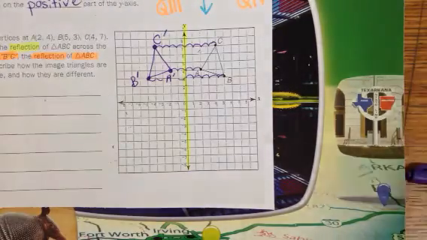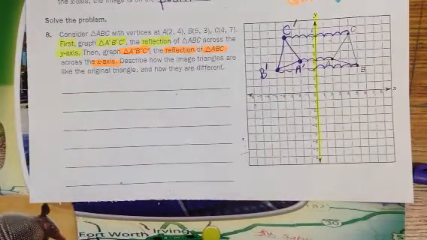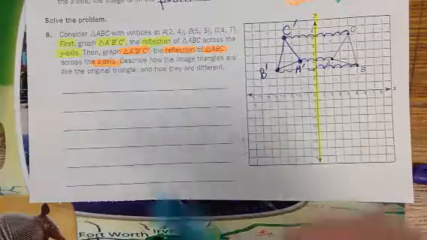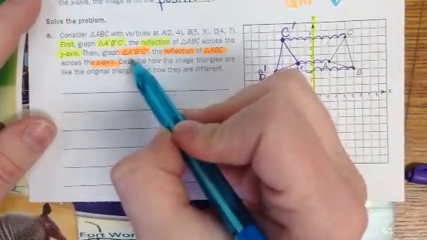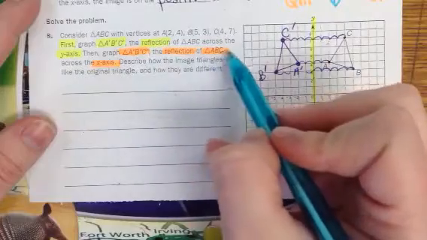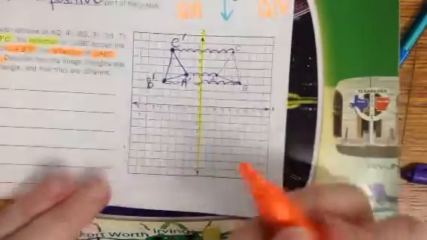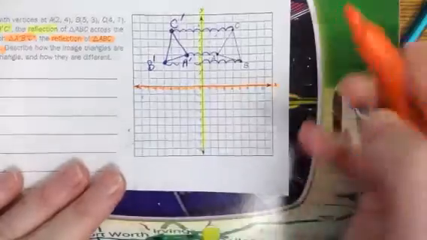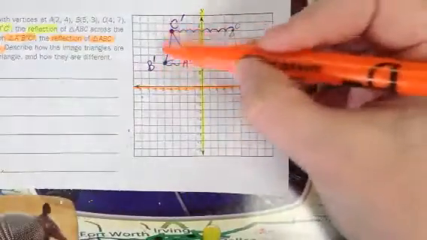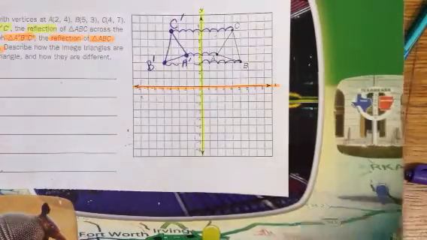Okay, next. This is a part that kids generally mess up because they didn't slow down when they read it. It says, then graph the double prime triangle, the reflection of the original triangle ABC across the x-axis. What I've seen kids do every year on this is they wanted to take the one that they just did and then take it over the x-axis, but that's not what the problem wants.